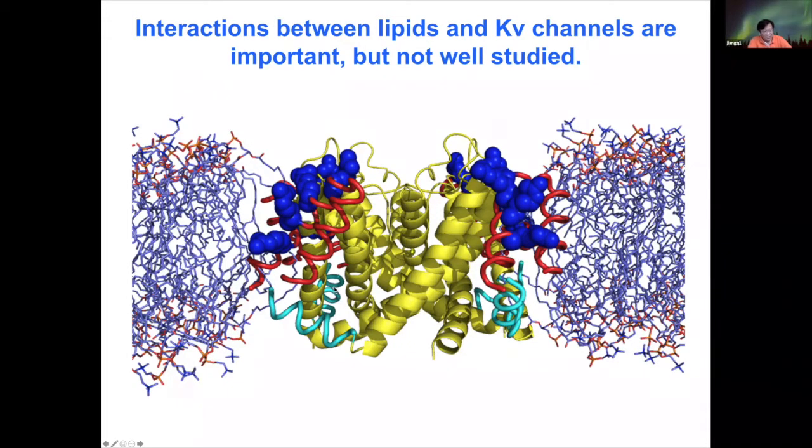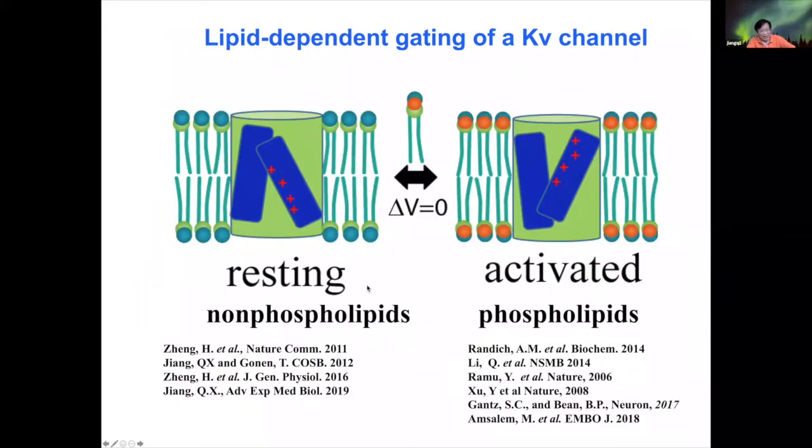We did a series of experiments in my own lab, and many other experiments done by others are consistent with our main hypothesis. Our main hypothesis is that in a bilayer which does not contain phosphate groups in the head group region, the voltage sensor domains are favored in the resting conformation.